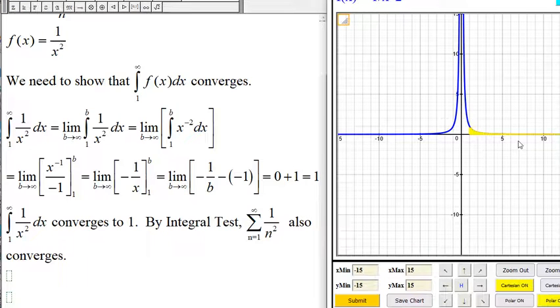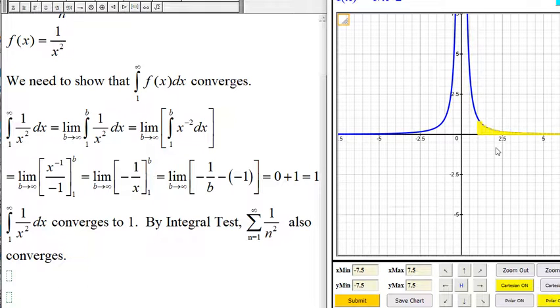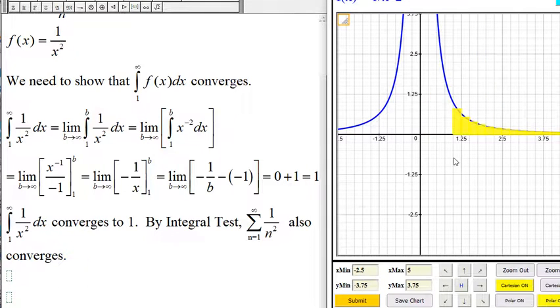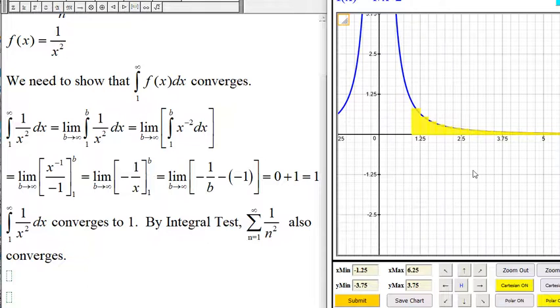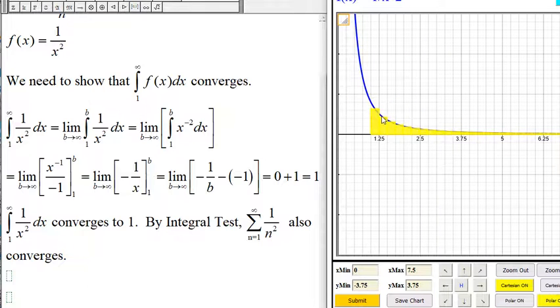This is the graph of 1 over x squared. This is the area between the graph and the x-axis from 1 to infinity. So this infinite area here is equal to 1. But the infinite sum is not equal to 1.